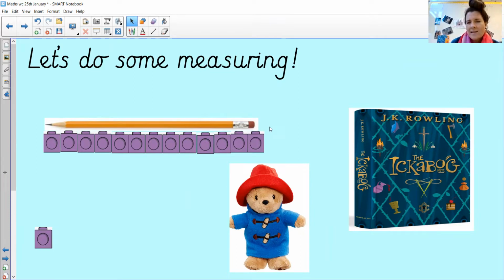So I'm just going to say that's 13 because it's very nearly 13 cubes. So I've now worked out that my pencil is 13 cubes long. Oh, let me write that. So it's 13, which is 1, 10, 3, just so I don't get the numbers in the wrong order. So 1, 10, 3. So 13 cubes long.